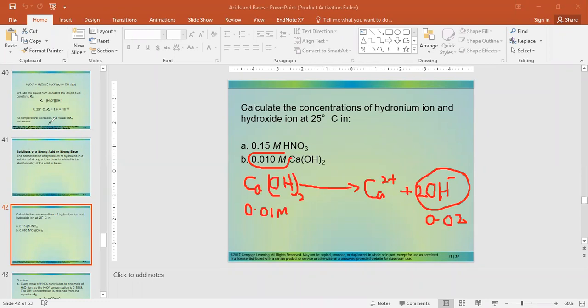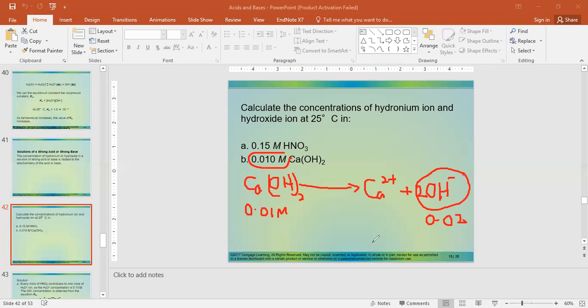So can we also get the concentration of hydronium ions? Yes. How do we do that? We divide the constant by the number of moles we calculated. Which constant is that? The KW, the ionization constant of water.